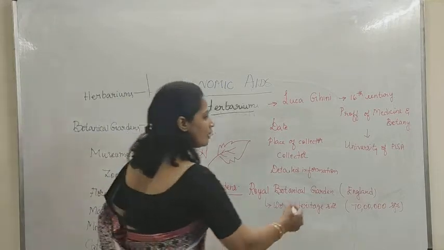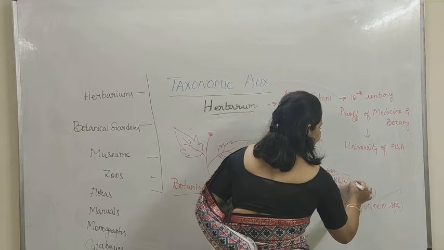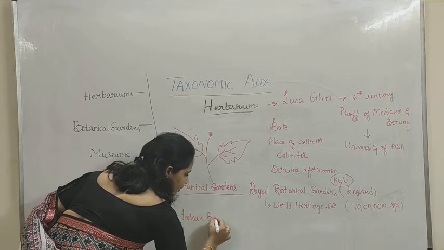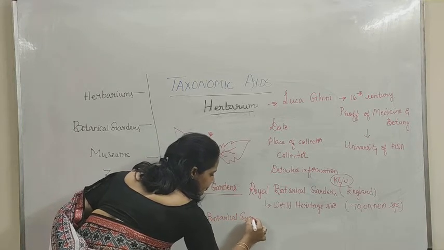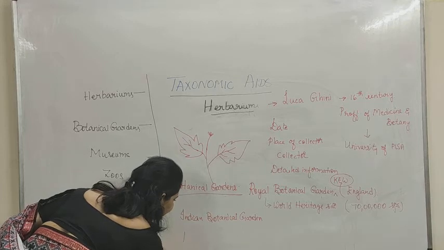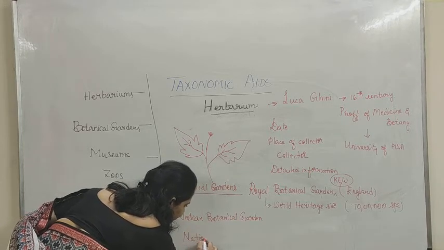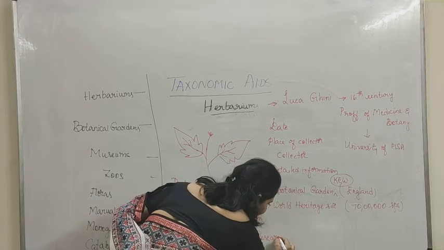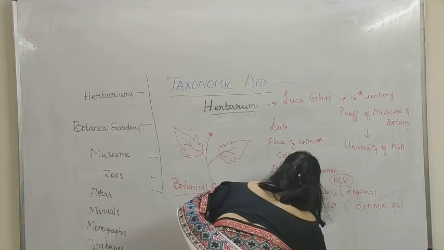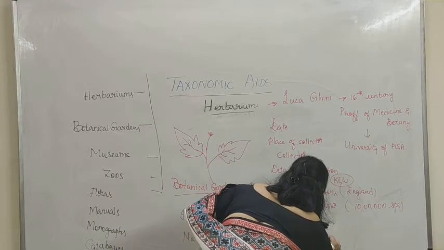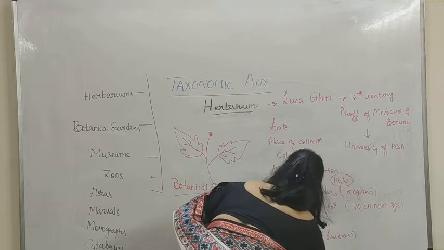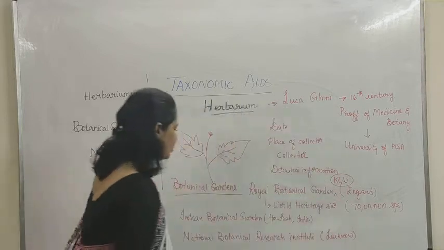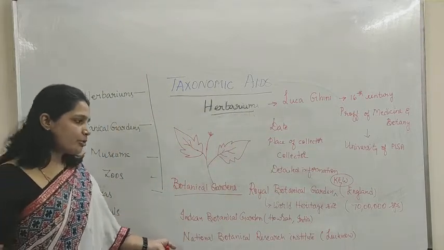So the Royal Botanical Garden, Kew, which is there in England, whereas in India it is the Indian Botanical Garden and the National Botanical Research Institute.